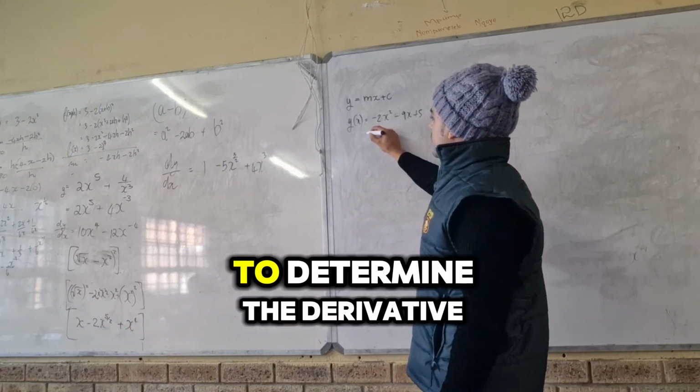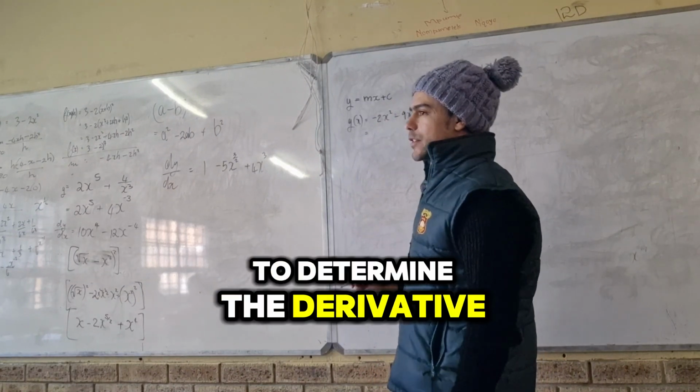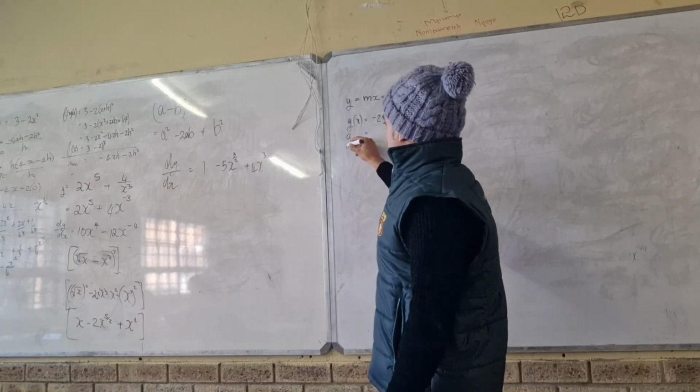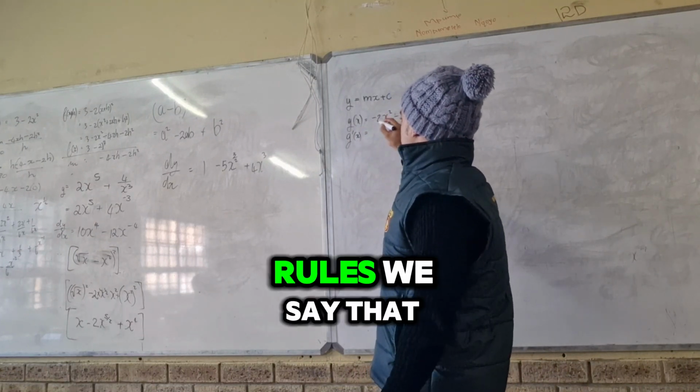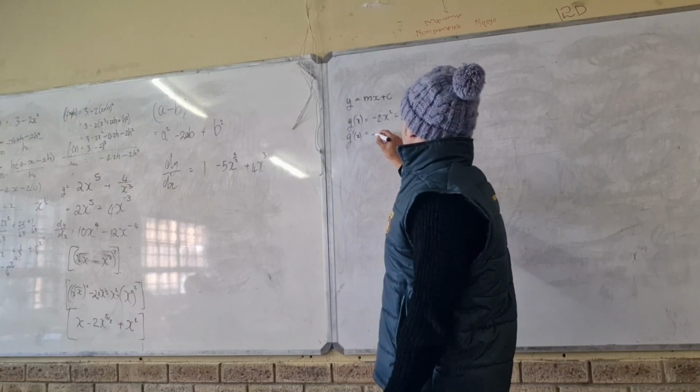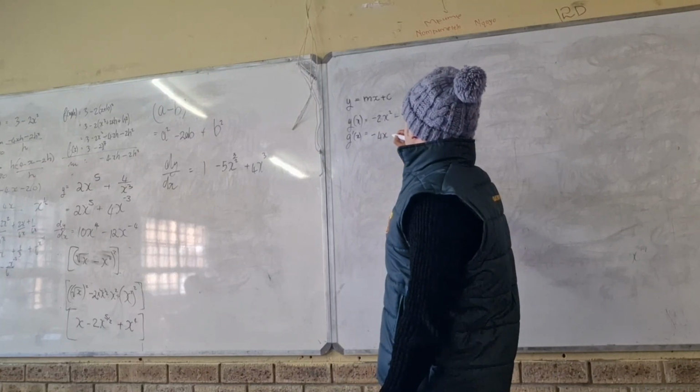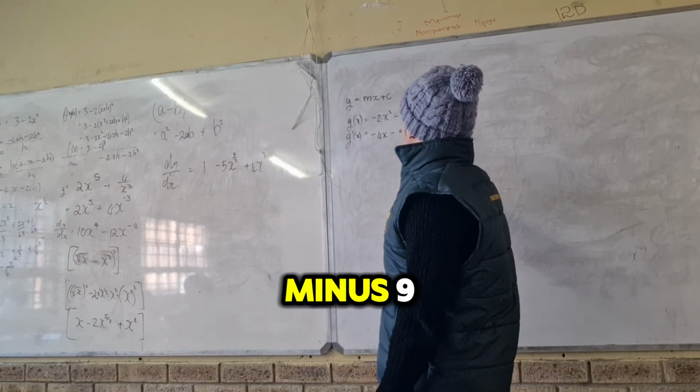We now want to determine the derivative of this, so we use our derivative rules. That is going to be -4x minus 9.